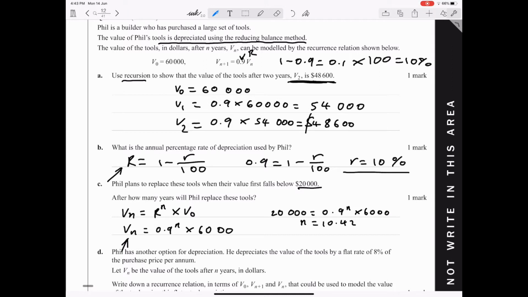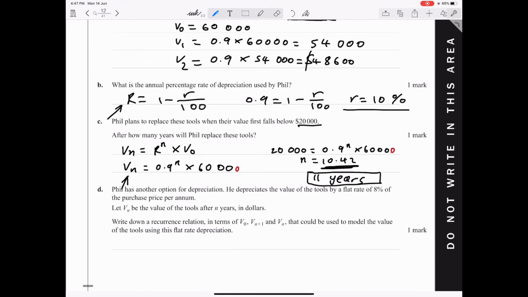So if we say Phil replaces these tools after 10 years, that would be incorrect, because after 10 years the value of Phil's tools hasn't actually fallen below 20,000. It's only after 11 years, if you round this up, will the value of Phil's tools actually fall below $20,000. So therefore, after 11 years, Phil's tools will fall below $20,000.